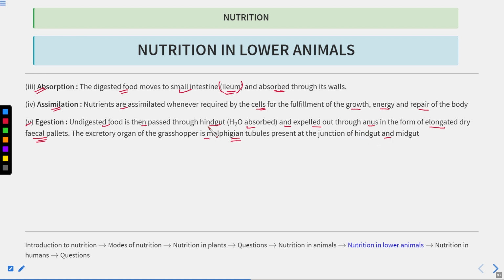Is that clear? You have to remember these malpighian tubules. These are the excretory organs present in the grasshopper, or you can say present in arthropods. Cockroach also consists of malpighian tubules. These help in the formation of urine, and also help in osmoregulation.